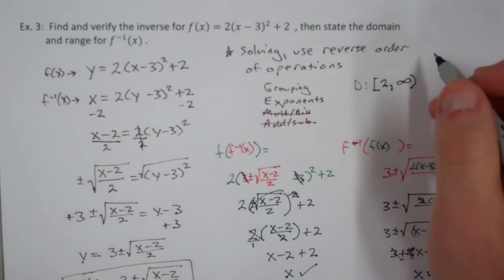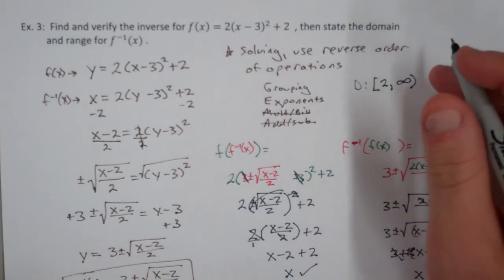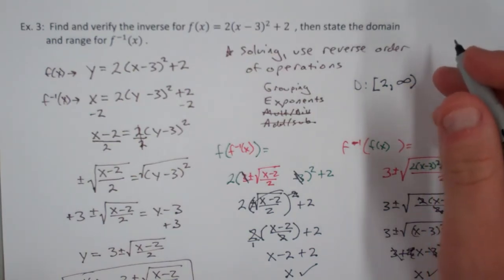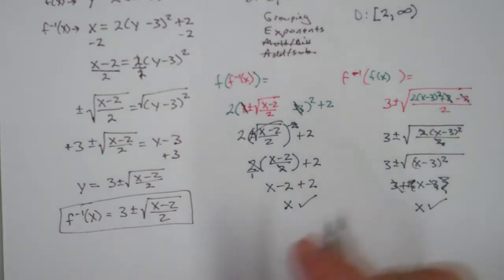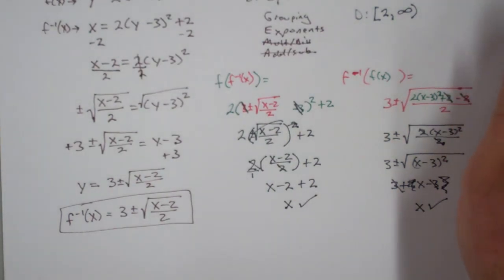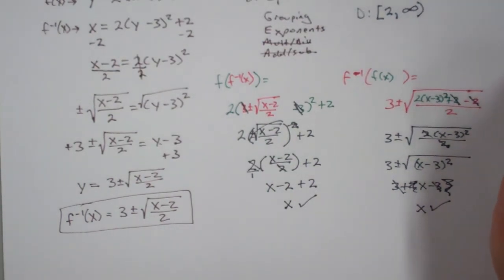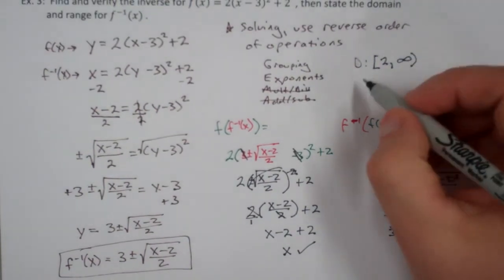And you could also do this using your knowledge of square roots, and you have to set everything under the square root greater than or equal to 0. So if you remember that from a past learning target, you can actually take x minus 2 over 2, set it greater than or equal to 0, and solve there. And you're going to find that x is greater than or equal to 2. So you can look at it a couple different ways.